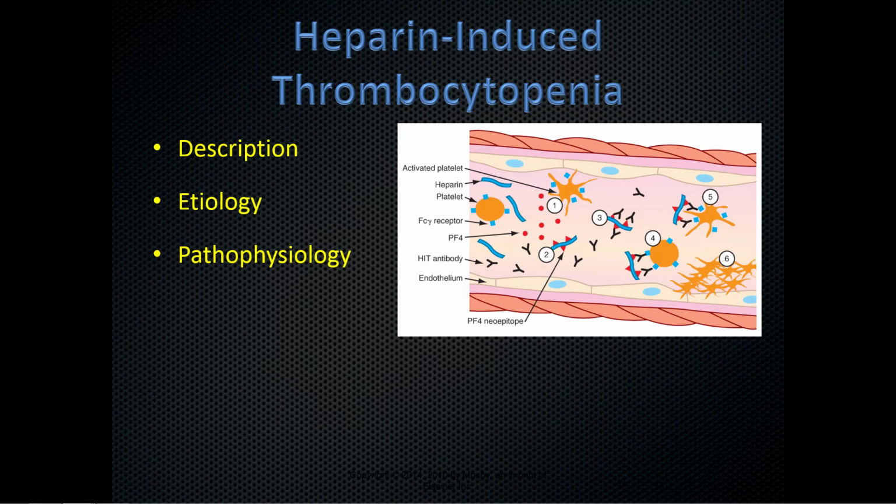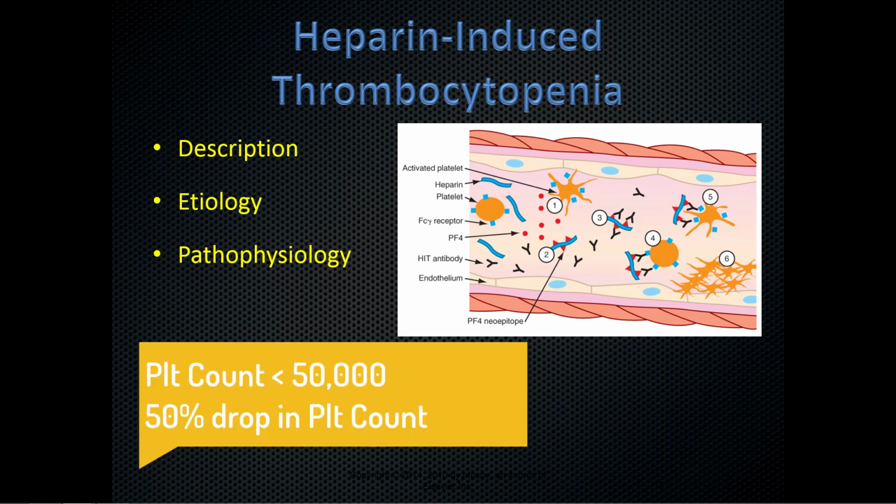Immune mediated HIT is a response to the administration of heparin therapy. The disorder is characterized by a severe thrombocytopenia during heparin therapy. Diagnostically, it is identified by a platelet count less than 50,000 or at least a 50% decrease from the baseline platelet count from the initiation of therapy.